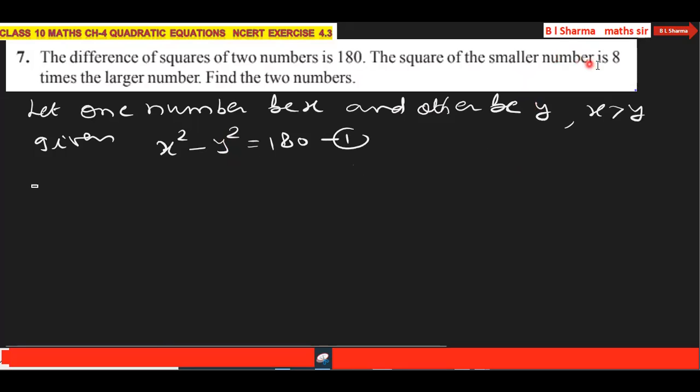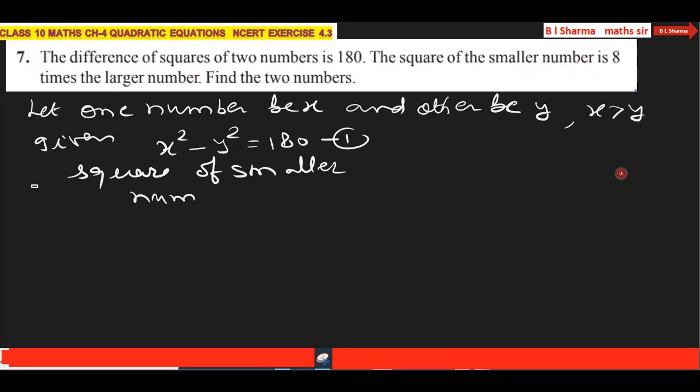that the square of the smaller number is 8 times the larger number. Here larger number is x, smaller number is y. It is given that square of smaller number is equal to 8 times the larger number.